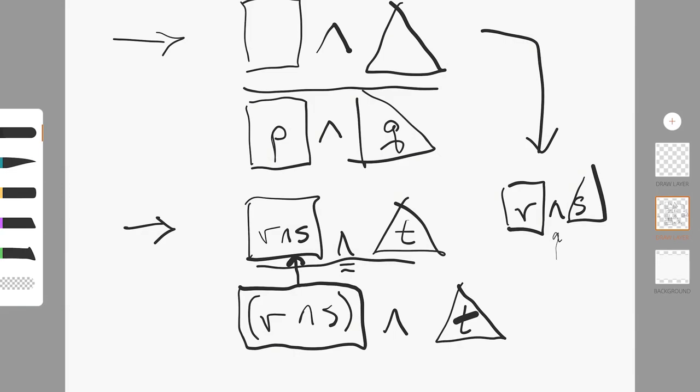All right, so what this means is that the expression, parentheses open, R and S, parentheses closed, and T is a well-formed formula. How do we know it's a well-formed formula? Because a formula that is constructed of well-formed formulas is a well-formed formula.